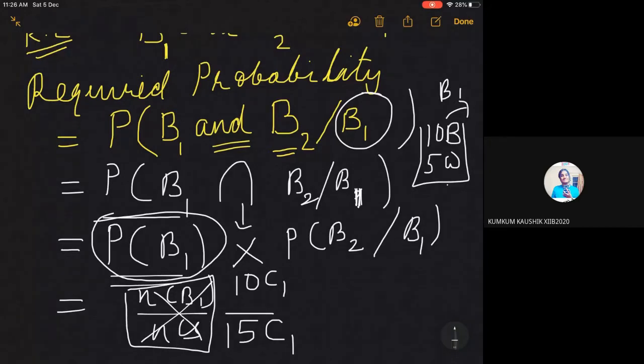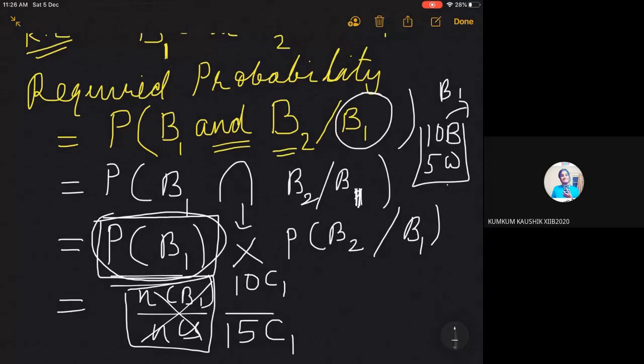This P of B1 is a separate experiment. What is that? The probability of B1 means the probability of selecting one black ball from this urn, the urn shown on the right side.